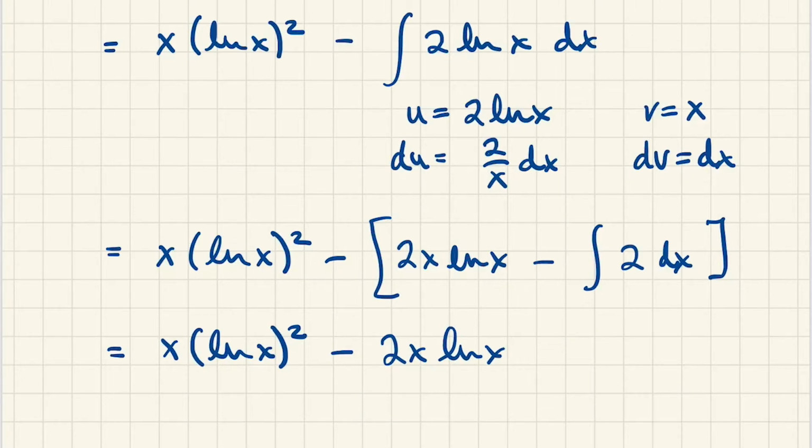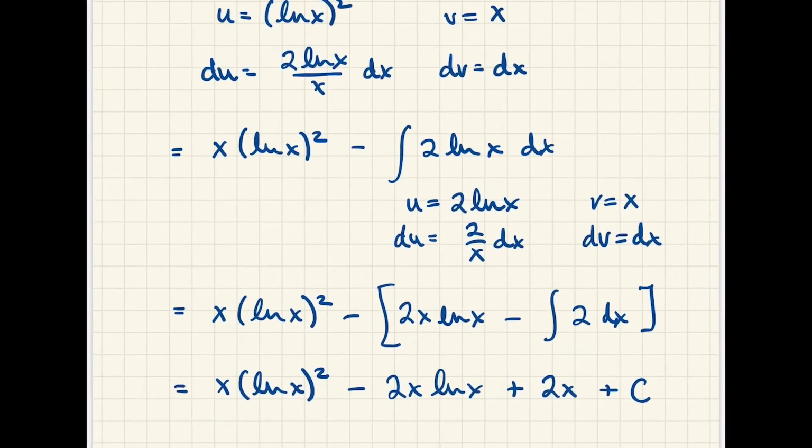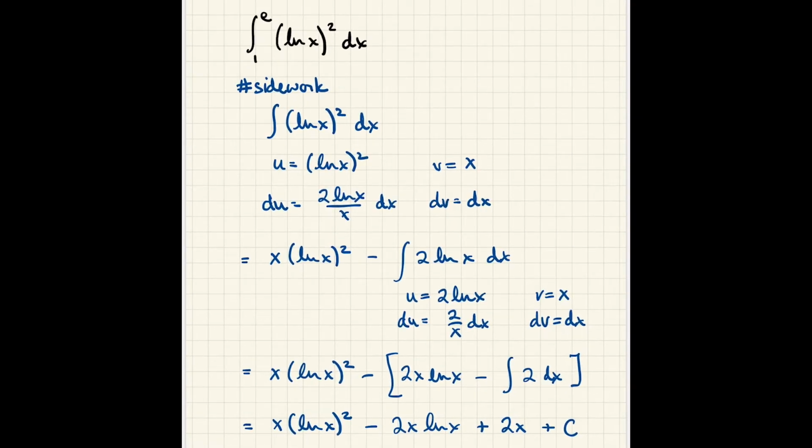The negative distributes, of course, and then we just get 2x plus a constant. All right. Now, we haven't answered the original question. We just found the antiderivative of the integral of ln of x quantity squared. So now we can answer the original question by using the fundamental theorem of calculus.